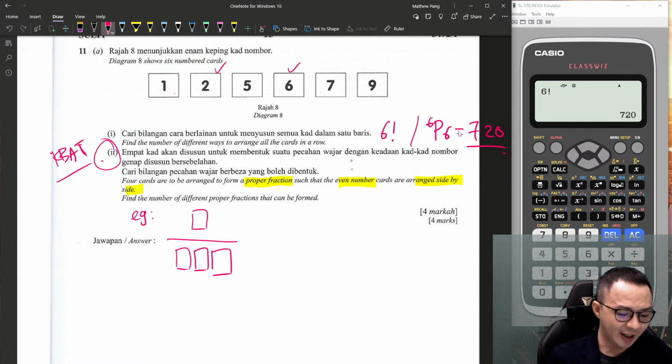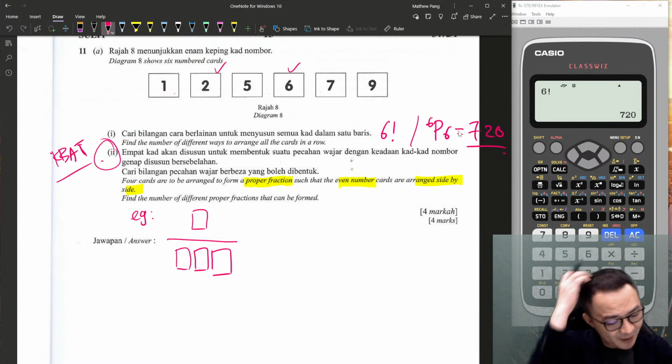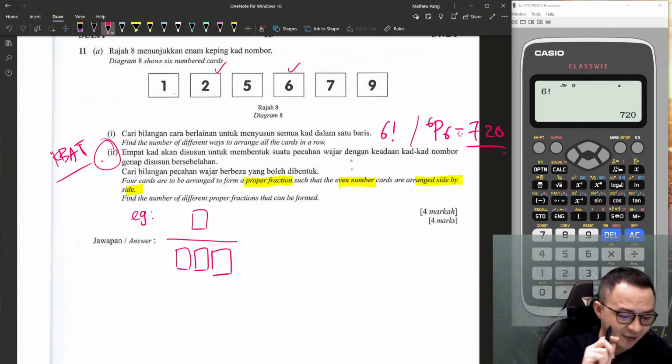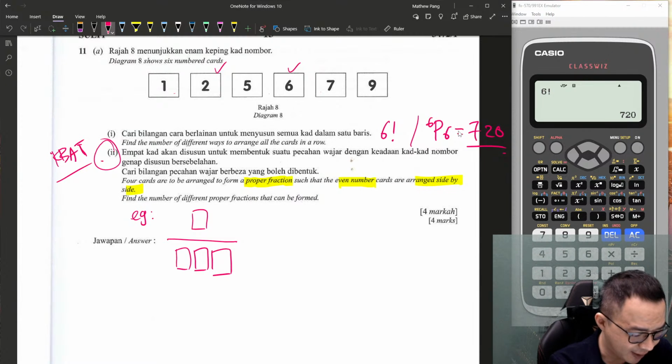Over here I think I only assume they will use the even cards, is it? 4 cards are arranged to form a fraction such that the even number cards are arranged side by side. Here I'm actually quite struggling. Should I exclude the even cards or not? Because if I exclude the even cards, I can also form a proper fraction. Let me read. Does the question say 4 cards are to be arranged to form a proper fraction such that even cards are arranged side by side?